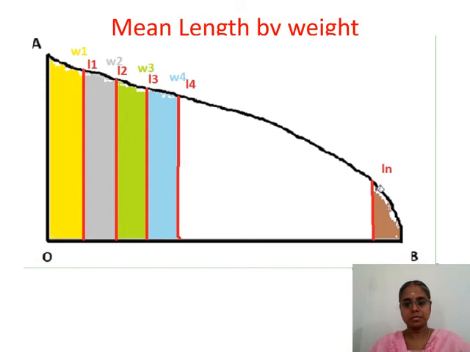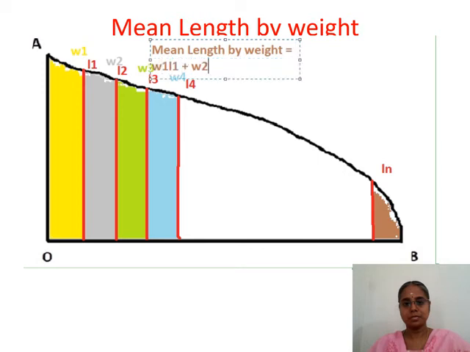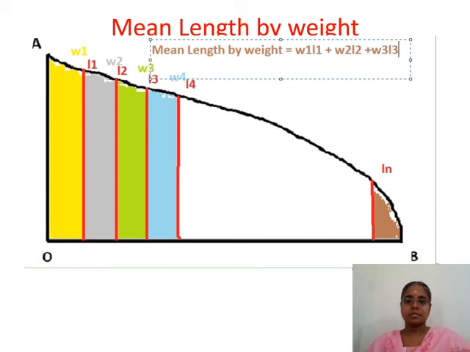So now, what is mean length? Mean length by weight is equal to W1 L1 plus W2 into L2 plus W3 L3, and till Wn Ln.